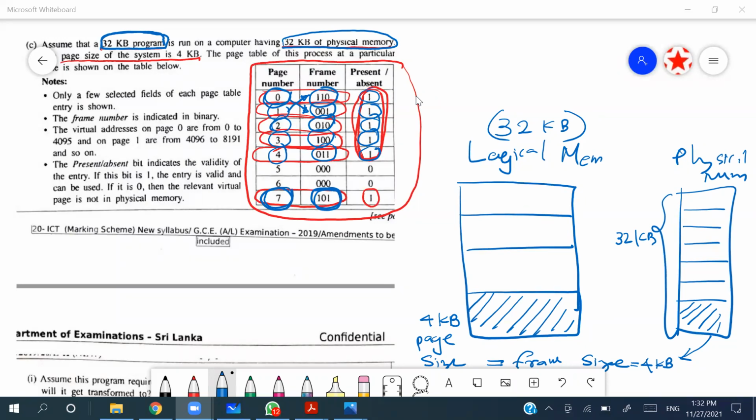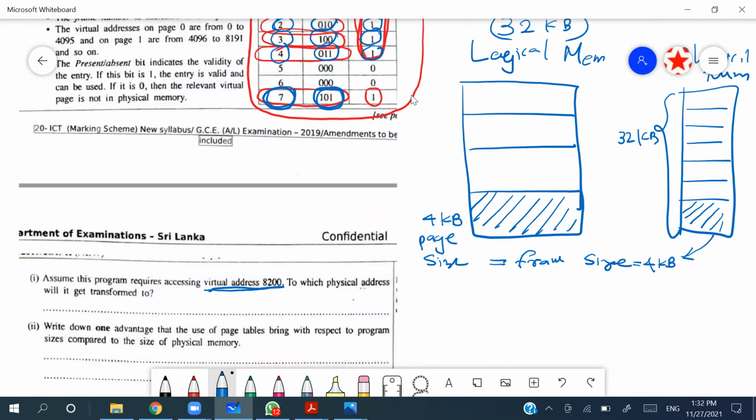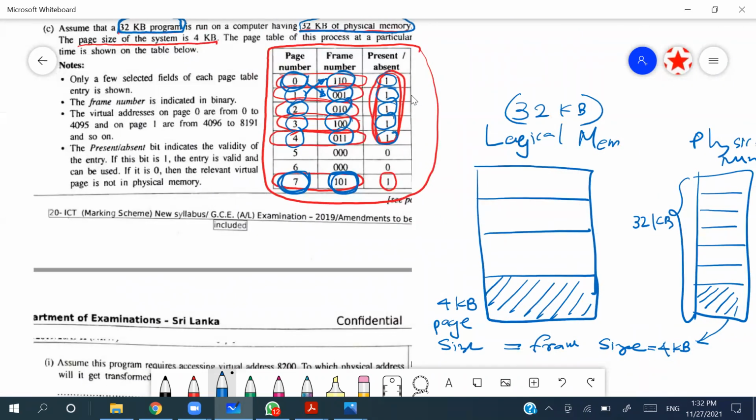Right. Now, I'm not going to do the entire thing. I'll let you figure this out, right? What they are asking is the virtual address 8200, and here they have said something else. Third point, the virtual addresses on page 0 are from 0 to 4095.